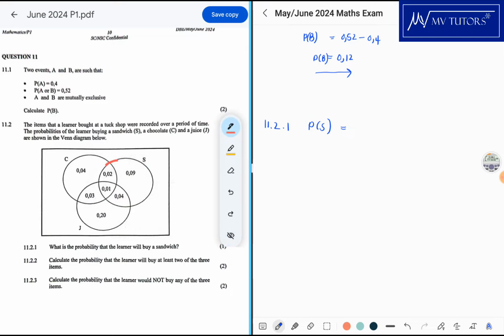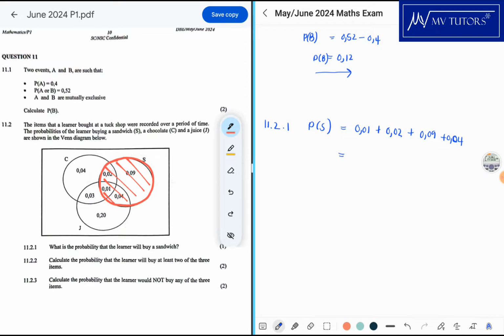This is a sandwich, okay? So you're gonna go and highlight your sandwich over there and just add everything up. Okay, so basically we're gonna have 0,01 plus 0,02 plus 0,09 plus 0,04.